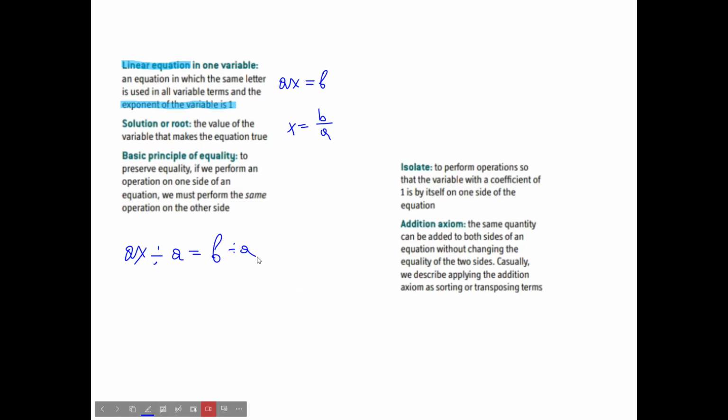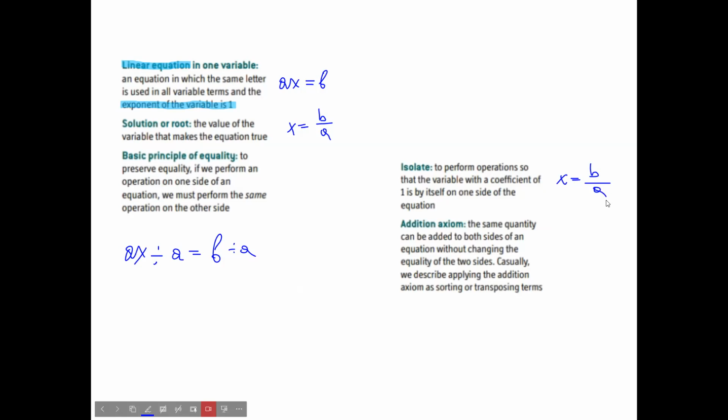Of course, a here is not 0. And if it is, we have no equation, right? Isolate: to perform operations so that the variable with a coefficient of 1 is by itself on one side of the equation. Here it is. We isolate it, right?